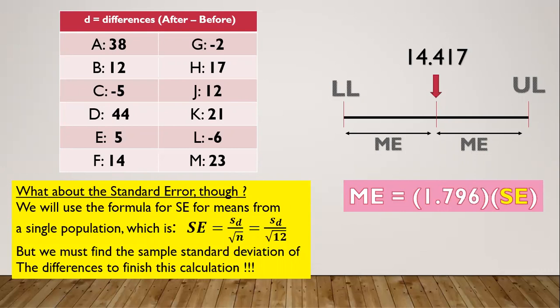So here it will be the sample standard deviation of the differences divided by the square root of 12. But we need to know what that sample standard deviation of the differences is in order to finish off that calculation. So how can we know what the sample standard deviation is for this set of 12 numbers? For 38 and 12 and -5 and 44 and so on, what is the standard deviation of that data set?